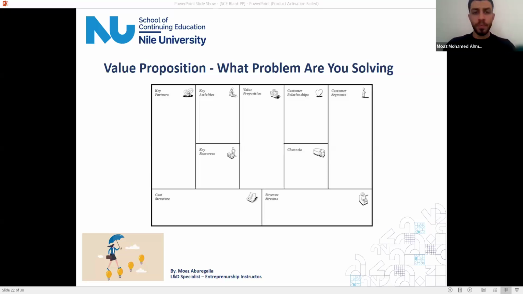I'm talking about the value proposition in general. Well, it's important because that is what will separate you from any other business that is doing a similar thing.